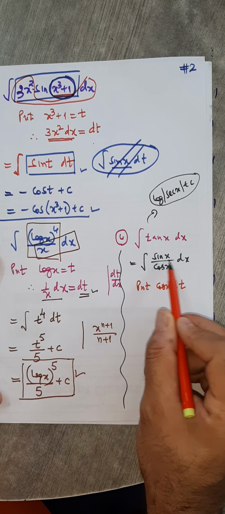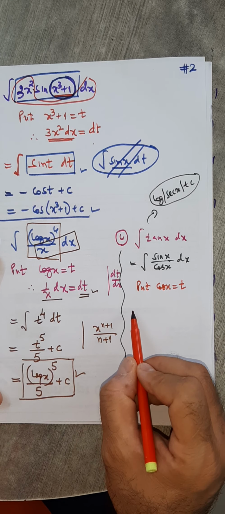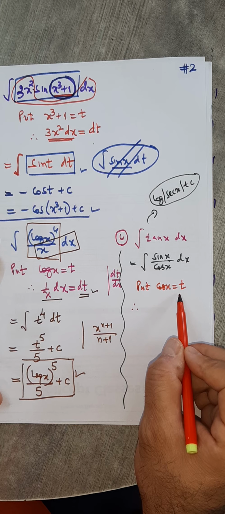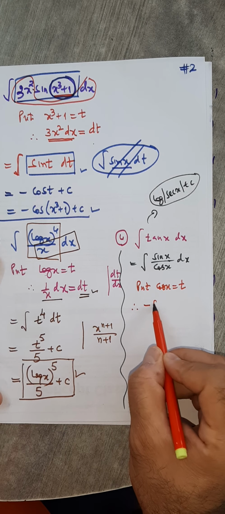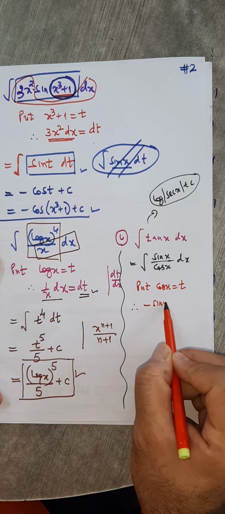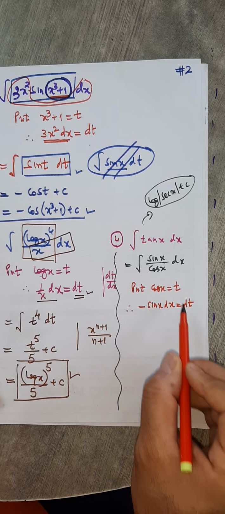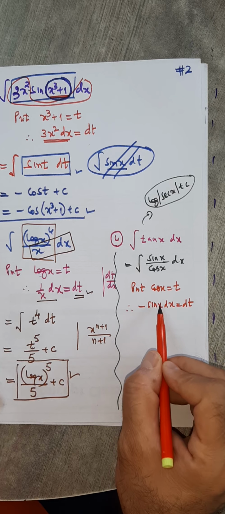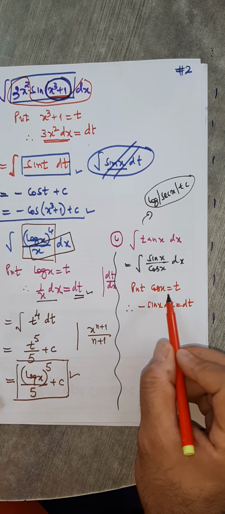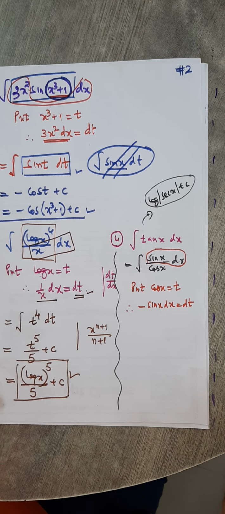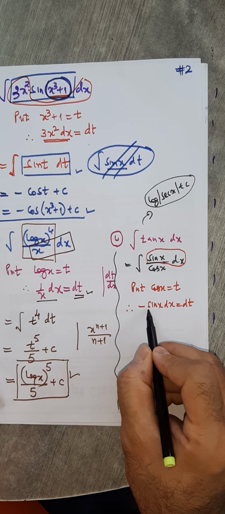I'll put cos x equals t, substitution method, remember. Now once you take the substitution, always the next step is differentiation. So I'll differentiate this. What is the derivative of cos x? Minus sin x dx equals dt. You know I've dropped one step, actually dt by dx. dx I took on this side. Now this much is already there, you see. This is already there. Okay. So I don't want this minus sign.